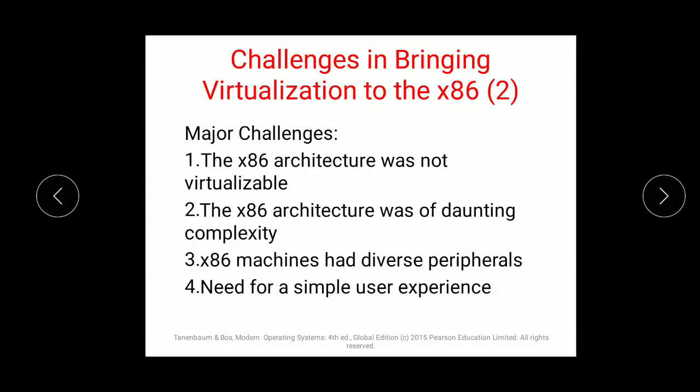So what were the challenges? When these things were applied, what were the challenges given by the x86 machine as an output? The major challenge was that the x86 architecture was not virtualizable. The first and foremost thing was that the new technique was not prepared to be applied on the older hardware.